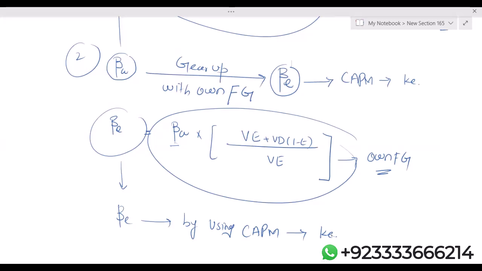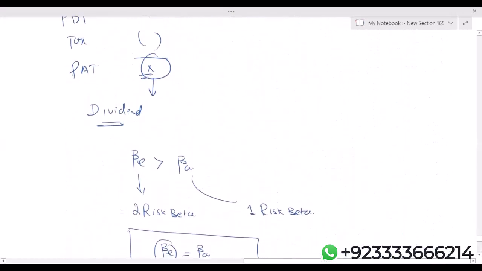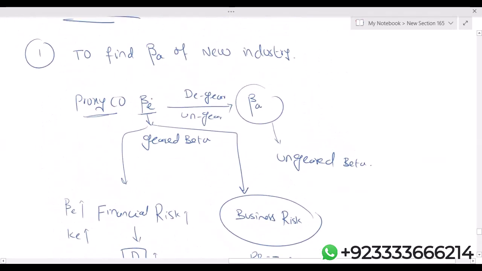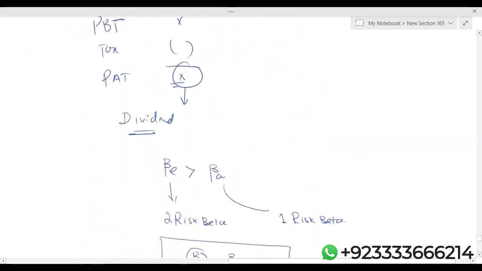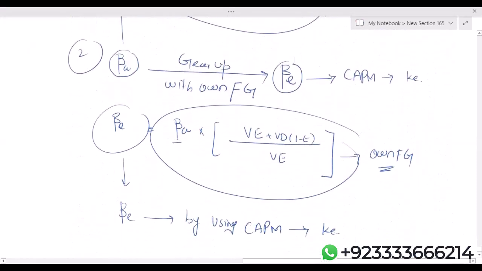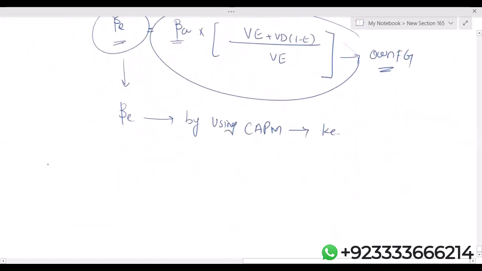Obviously, your examiner will give you the proxy company's information, simply your competitor in the new industry, which is already there. So what are we going to do? We'll take proxy company equity beta, de-gear, calculate beta asset. Once you have calculated the beta asset, then we'll be using our own gearing to gear up that beta asset to calculate beta equity. Once you have calculated the beta equity, then the rest is straightforward.